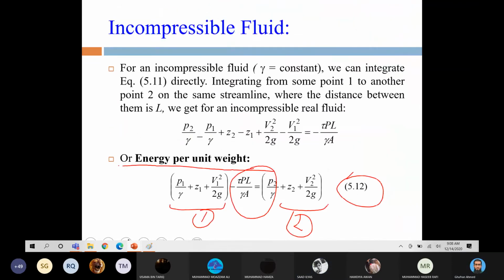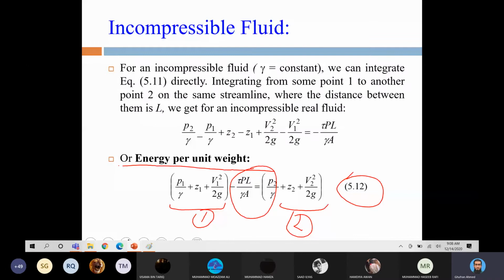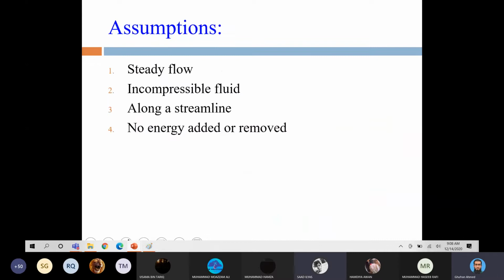When we derive this, after integrating from some point 1 to point 2 on the same streamline, where the distance between them is L, the ds that was there we then replaced with L. For example, dz after integration we take as z, similarly when we integrated ds it becomes L. Okay, is that fine? Okay, sir. Yes, sir.